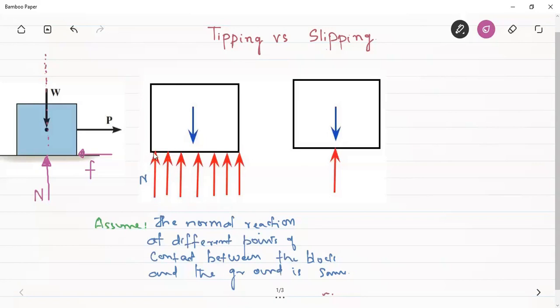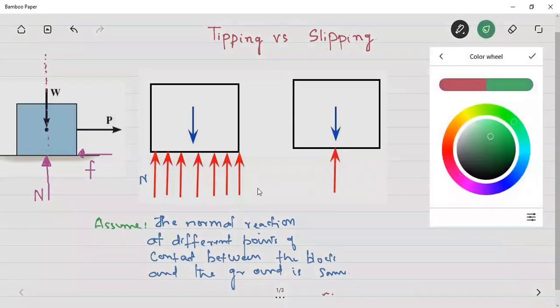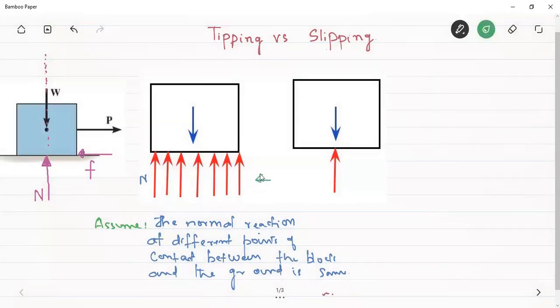There will be so many points of contact between the ground and the block. At each point there will be a normal reaction, and we assume that it is the same. If we assume that, we get a kind of uniformly distributed load, the resultant of which can be converted into a single force.